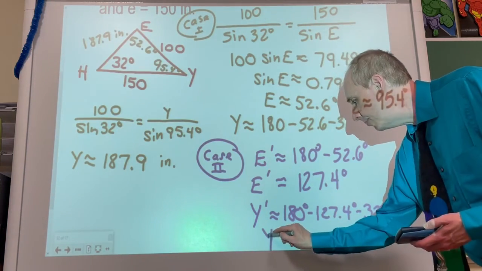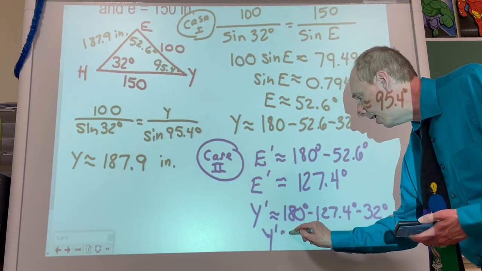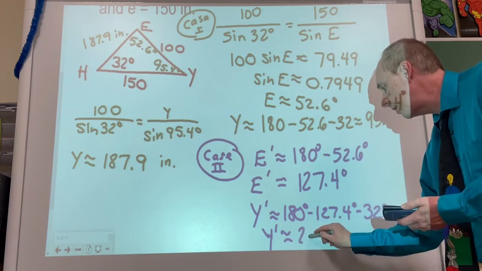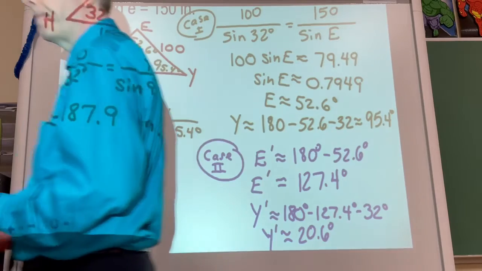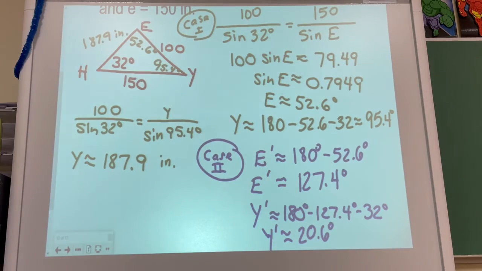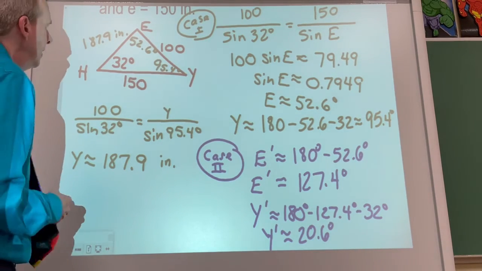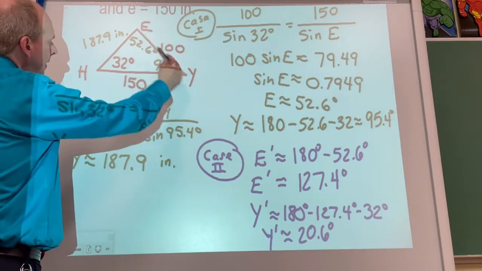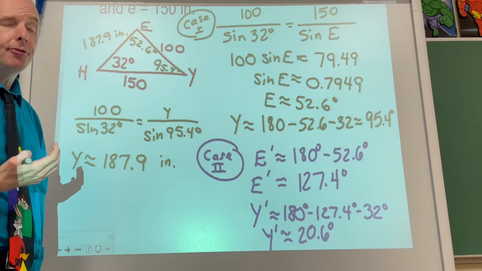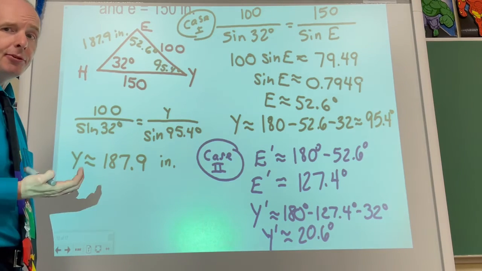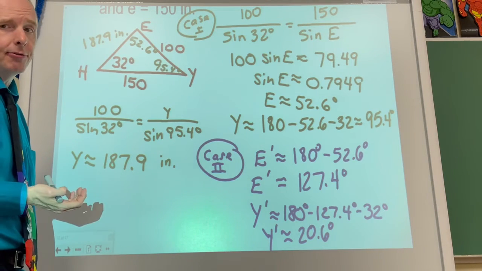So my new possibility, Y prime, would be about 20.6 degrees. What we have is that triangle where maybe it goes this way, maybe it goes this way, and it gives us two possibilities. It gives us an obtuse triangle, and it gives us an acute triangle.